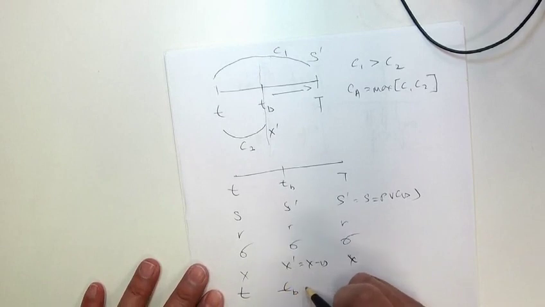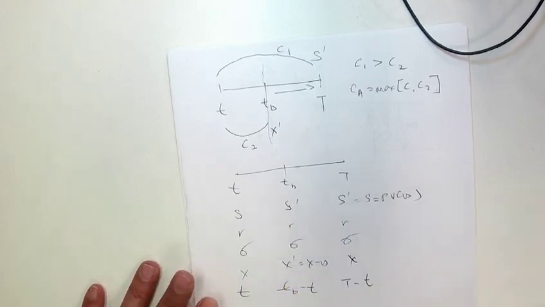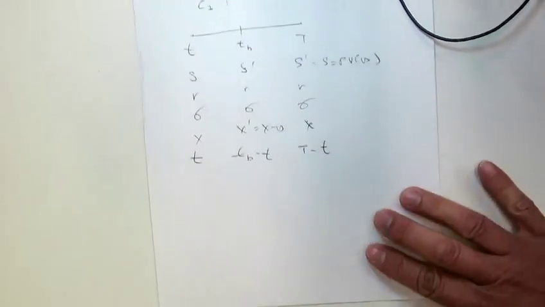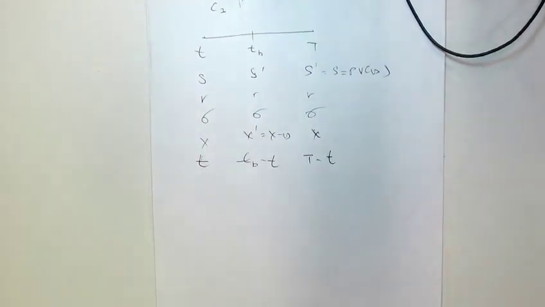So this must be dividend payment minus T. This must be your expiration minus T. Okay? Any question?